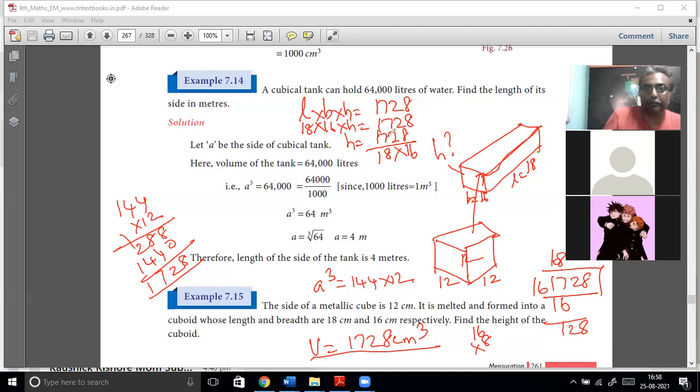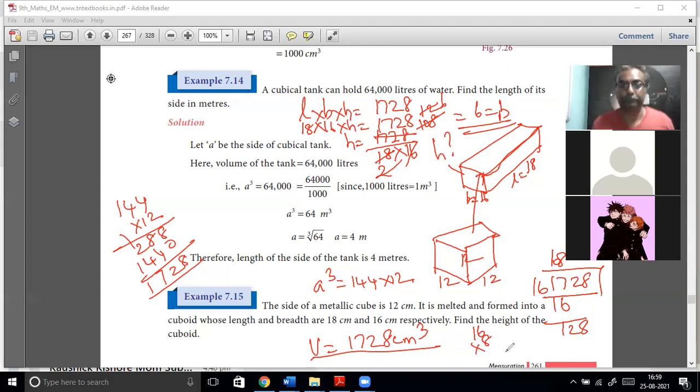So this becomes 108. 18 and 108 we can divide by 9. 9 by 18 is 2, 108 by 9 is 12. 12 by 2 is 6. Therefore, h is equal to 6. You understood? H is equal to 6.